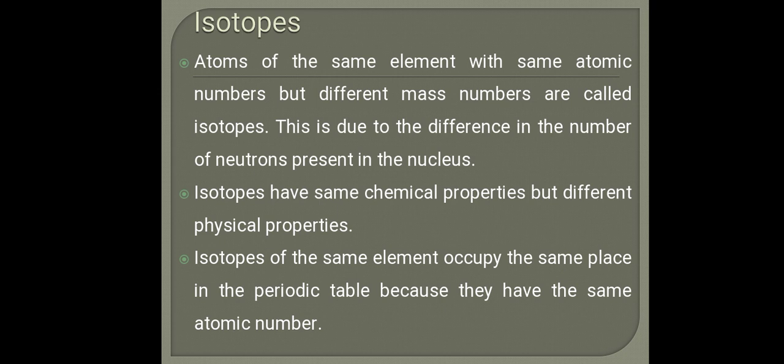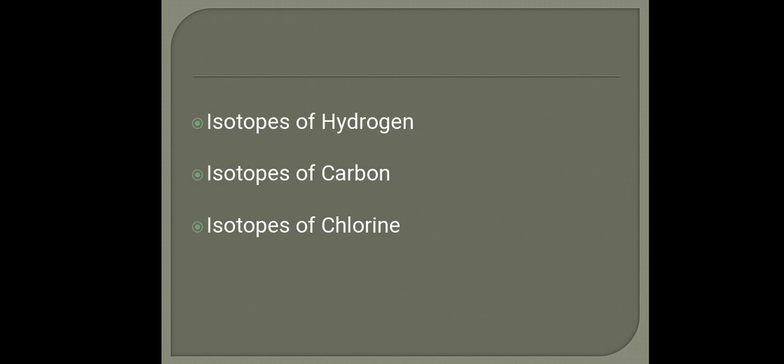Isotopes of the same element occupy the same place in the periodic table because they have the same atomic number. Examples are isotopes of hydrogen, isotopes of carbon, and isotopes of chlorine.